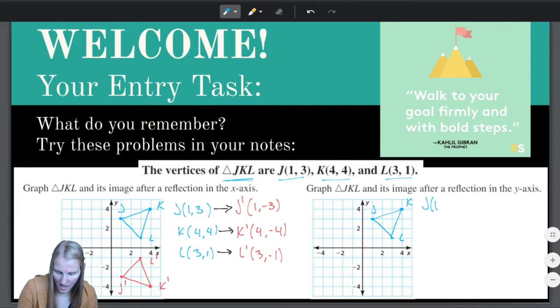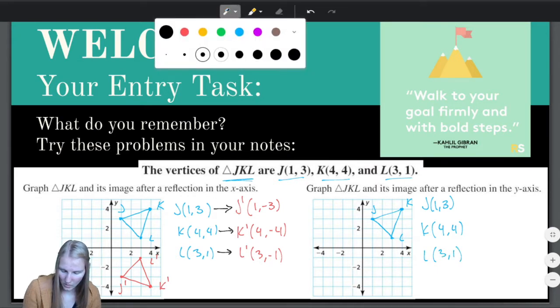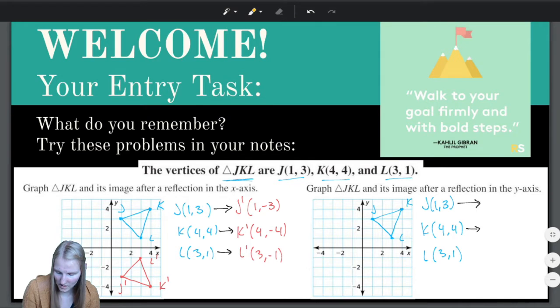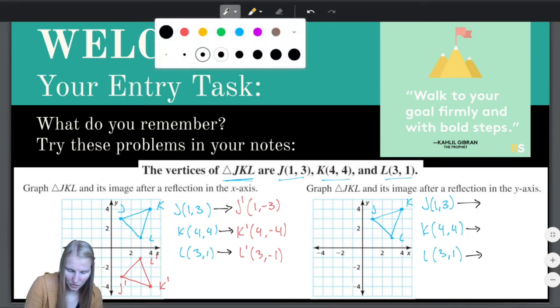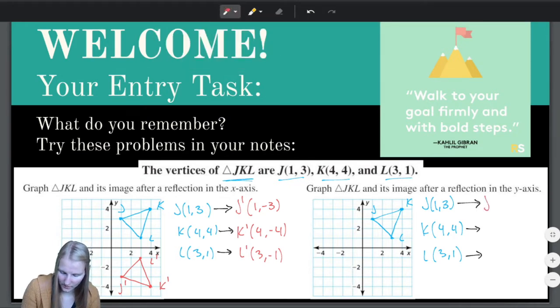We have J, 1, 3, K, 4, 4, and L, 3, 1. And we want to transform these into J prime, K prime, and L prime.